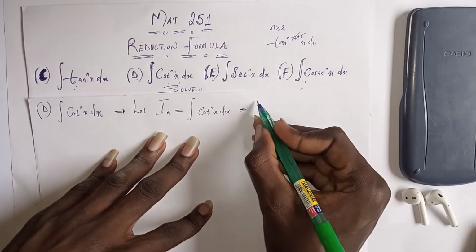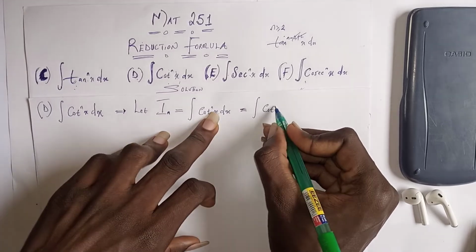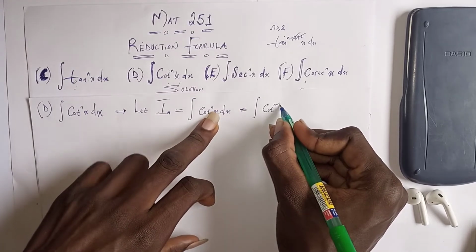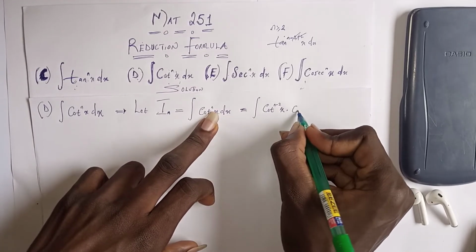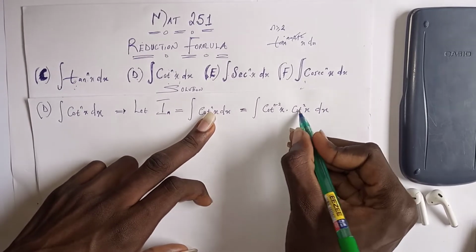Then for n to be greater than or equal to 2, that means we will end up having cot of n minus 2 of x times cot square of x dx. So this is what we're going to have.